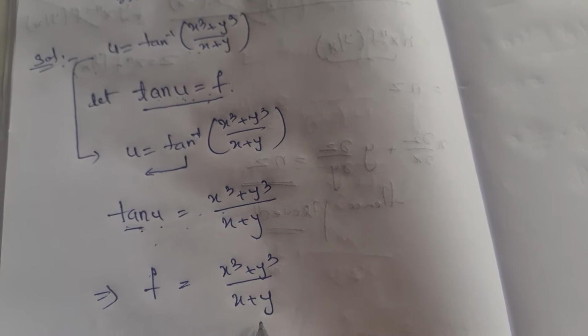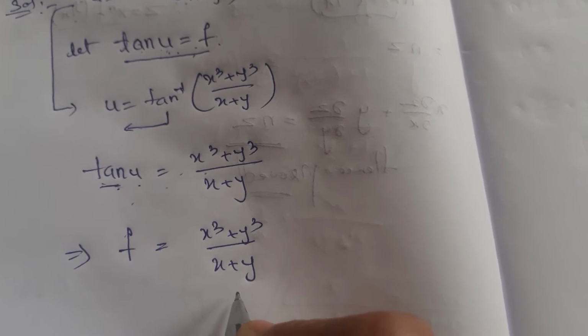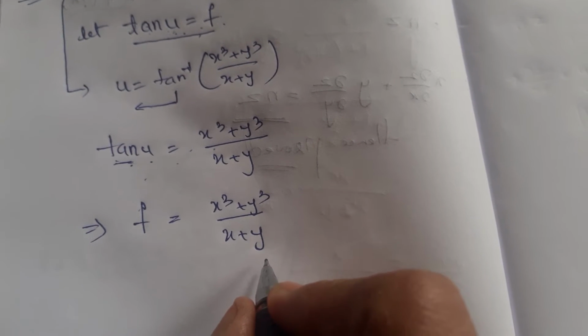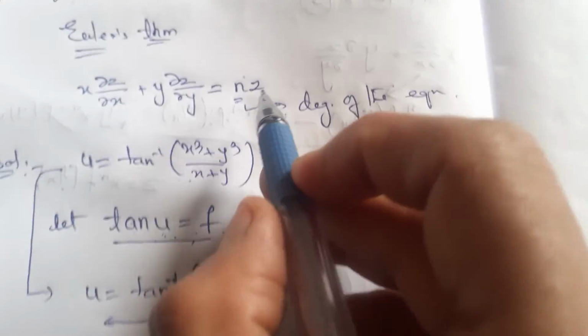Now we have to show that this is a homogeneous equation. I am going to explain how to find whether the equation is homogeneous or not, and we also have to find the degree of the equation, the n part.